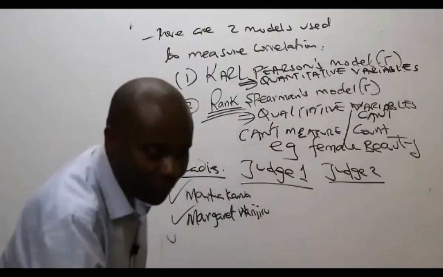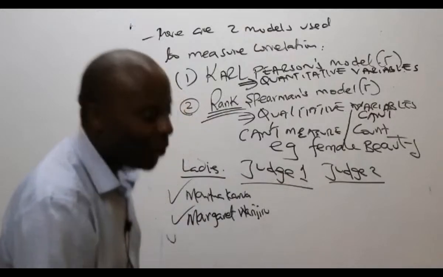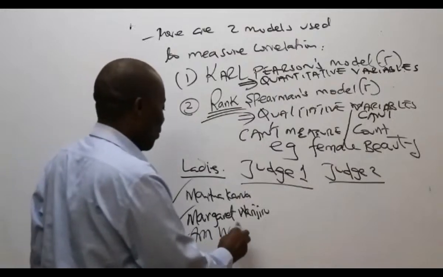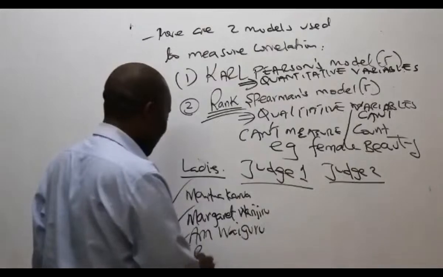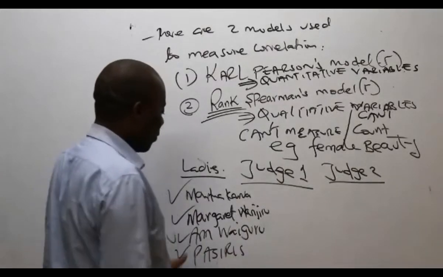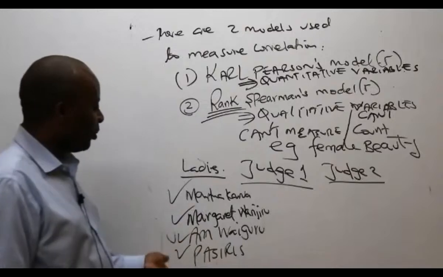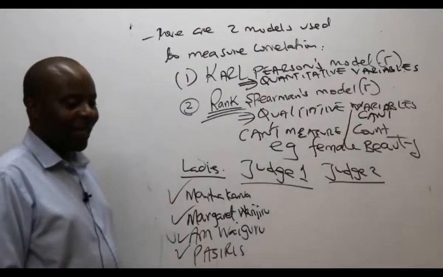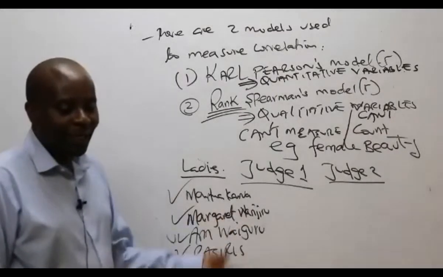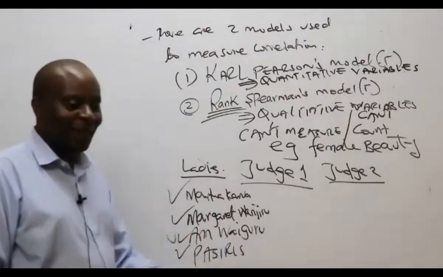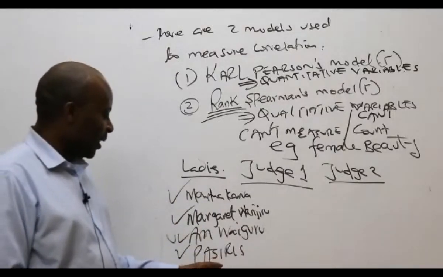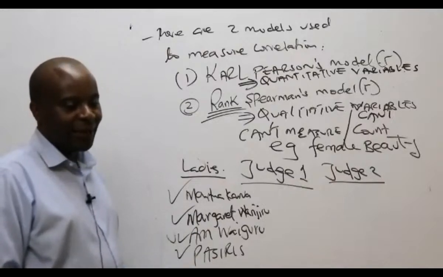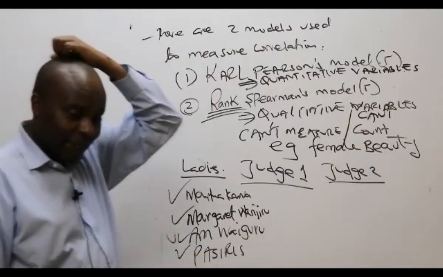Don't feel shy. Anne Waiguru, thank you very much. Then we have Pasaris. Aren't there politicians from Nyanza who you know are beautiful? Why are you all naming people from one side?